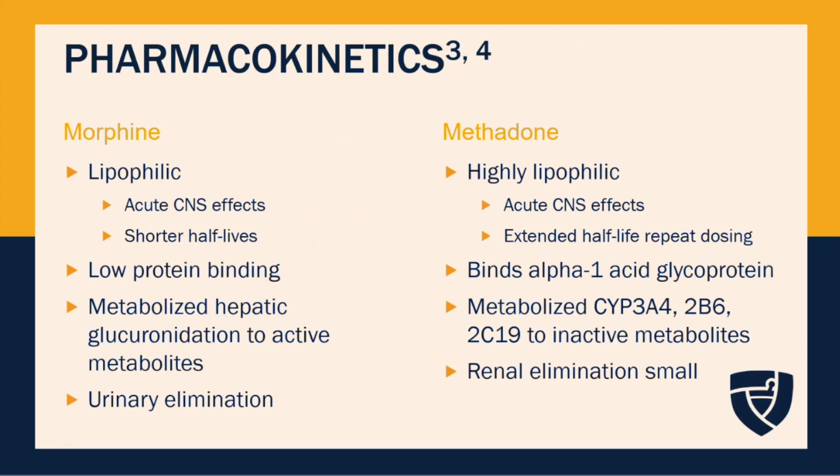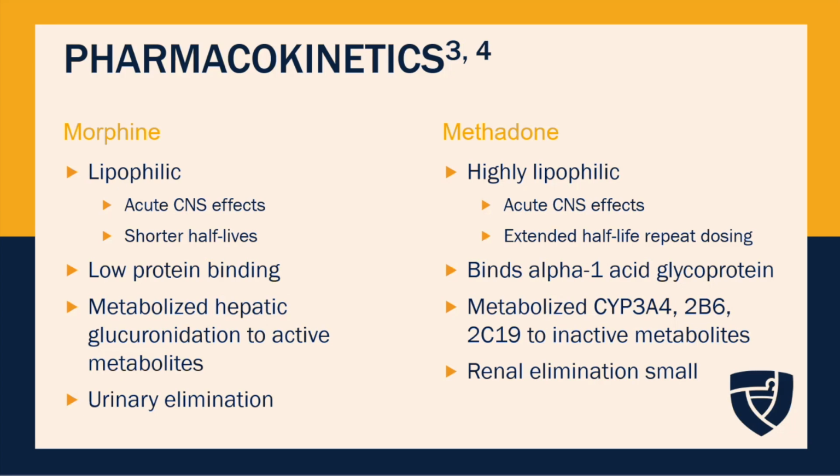Some important pharmacokinetics of methadone, and I wanted to compare it with morphine, one of those traditional mu-opioid agonist pain medications. So morphine is lipophilic and has acute CNS effects causing very quick pain relief in patients, and it tends to have a shorter half-life. While methadone is highly lipophilic, so even more lipophilic than morphine, also leading to acute CNS effects.